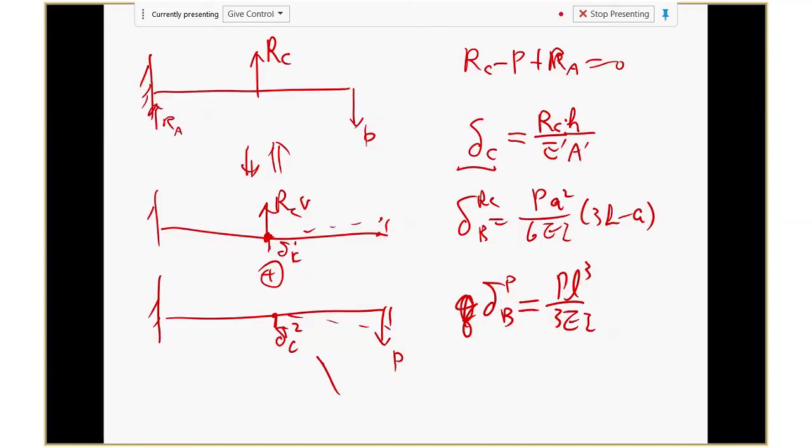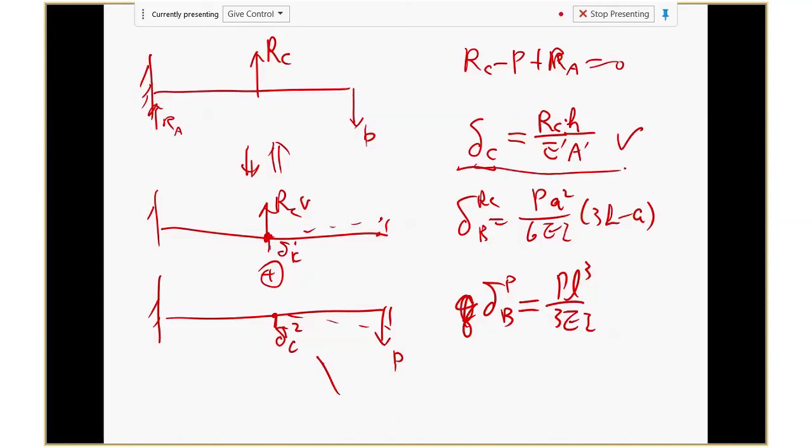All right, so you found delta C from this one. Then you found delta C from this one as well. They give you the equation, right? Actually use this portion, the 0 to A portion. So you find delta C from here as well. Now these two delta C's added together is how much the beam moves. And that movement should equal this one, how much the bar moves.